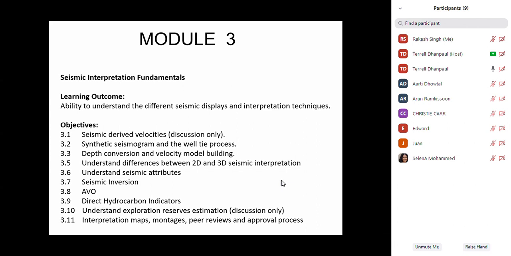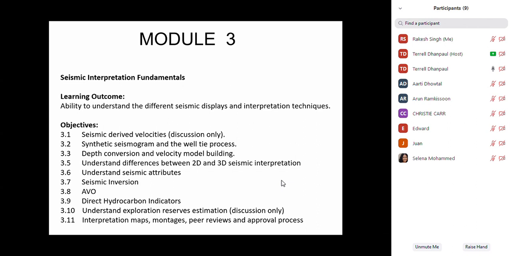All right. We'll talk a little bit about 2D and 3D seismic interpretation. And then from 3.6 onwards is basically the add-ons, which are things like seismic attributes, seismic inversion, AVO, which is amplitude versus offset.